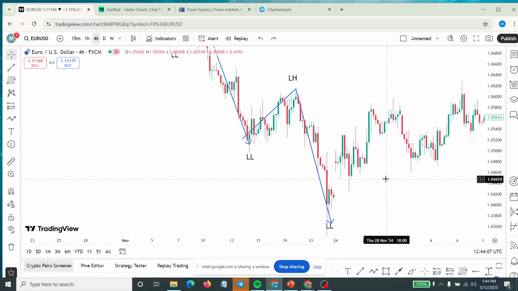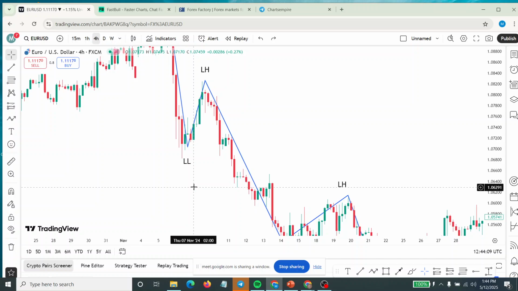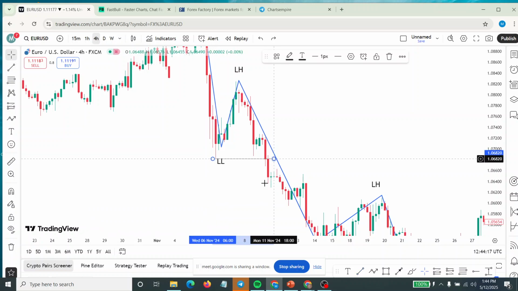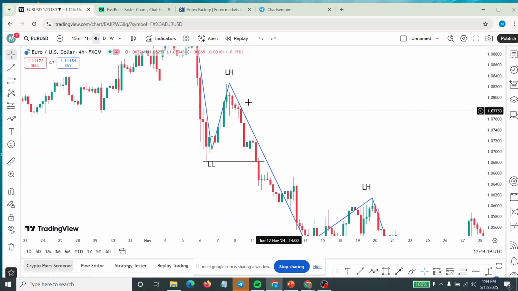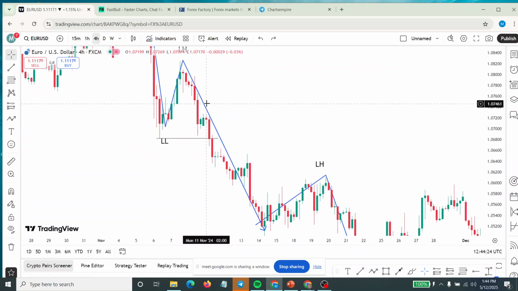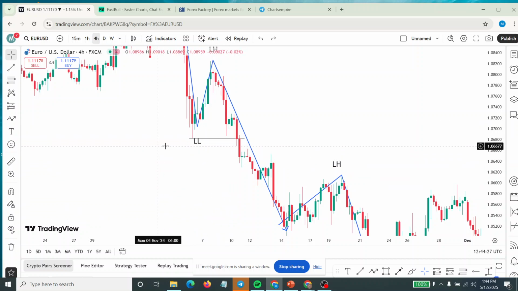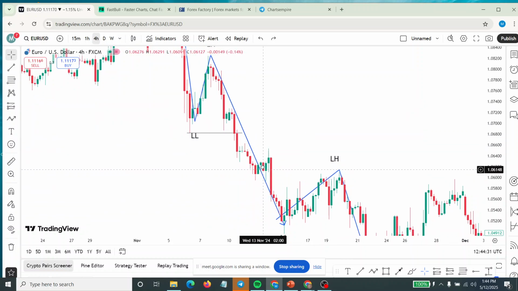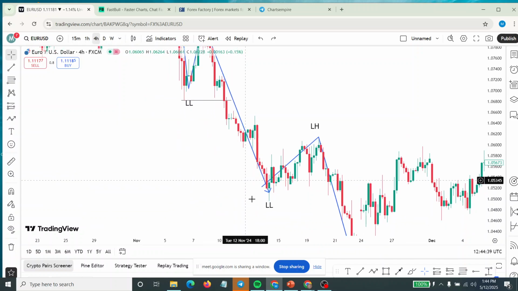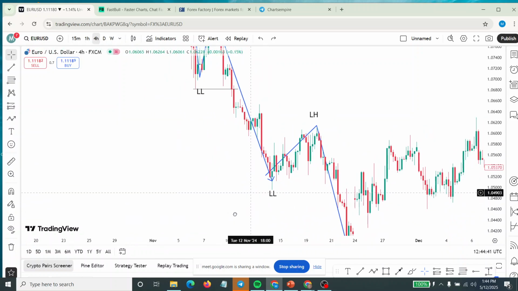For this to be a valid impulsive move, it has to break the lower high that served as the pullback, the previous boss here. You can see how this impulsive move broke the previous lower low, and breaking it confirms that we have a new boss in town, which is this.